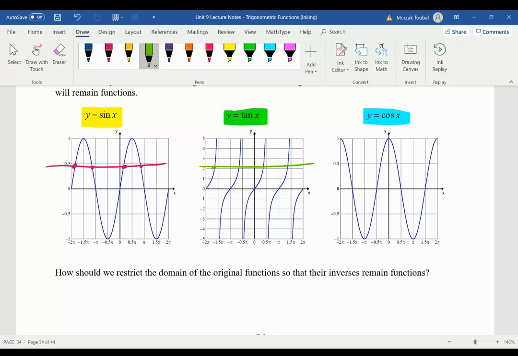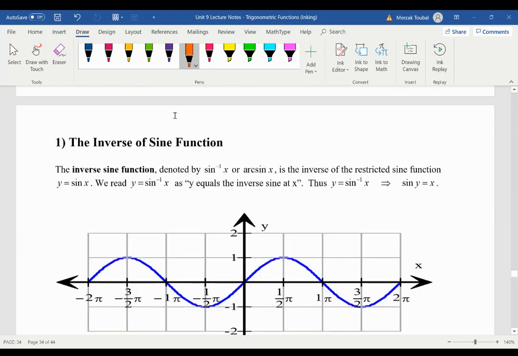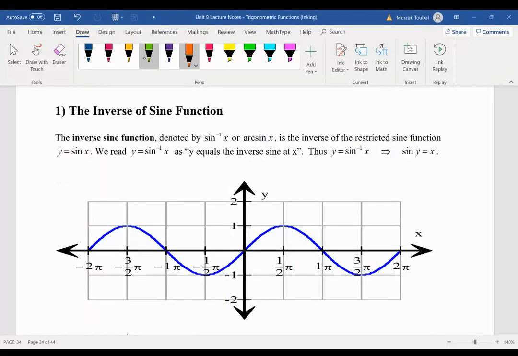Same with tangent, multiple intersection points, and the cosine also has multiple intersection points. So the solution to this problem is to restrict the domain of each of these functions. We're going to do this by first looking at the sine function. We will have the inverse of the sine function, but we have to put a restriction on the domain of the sine function.